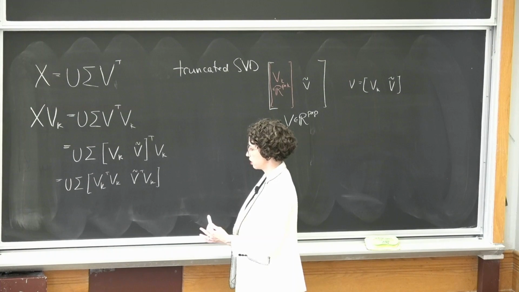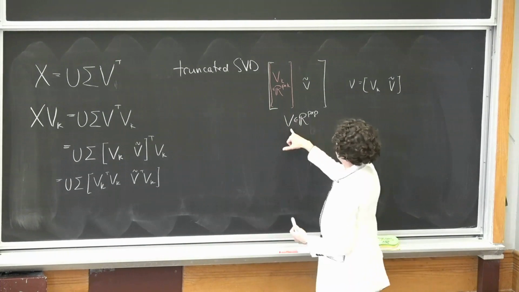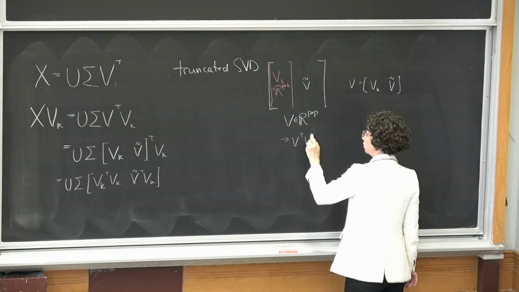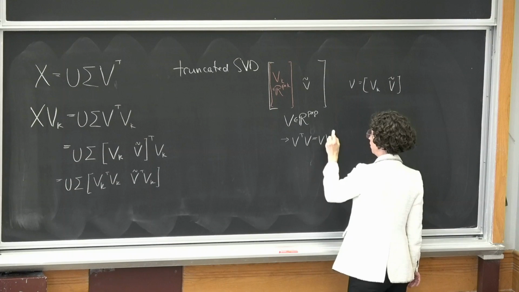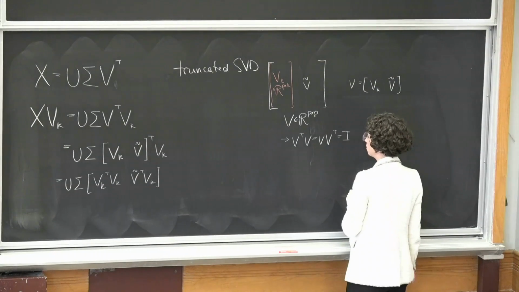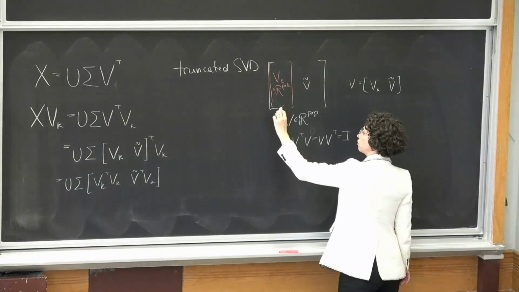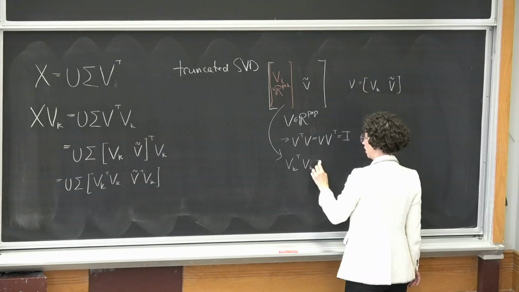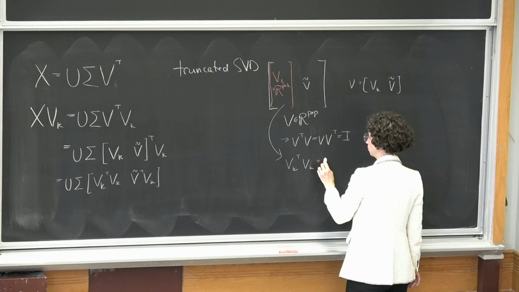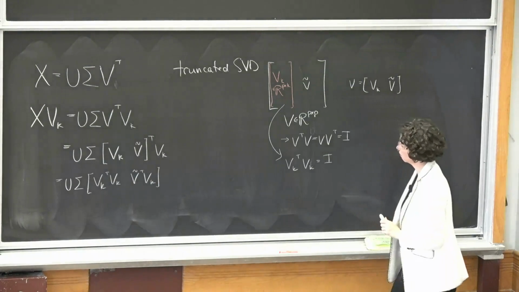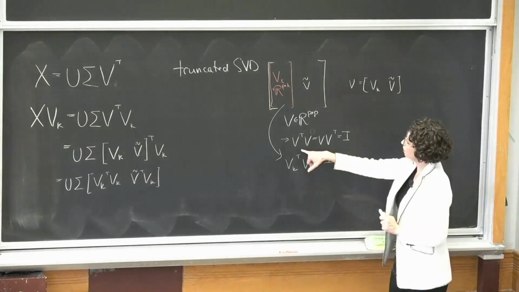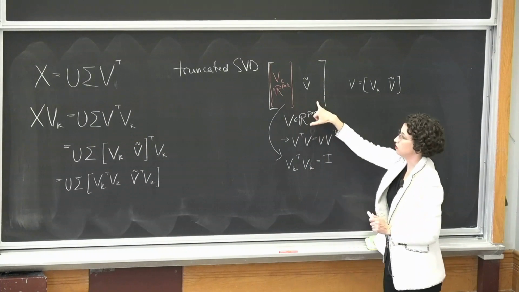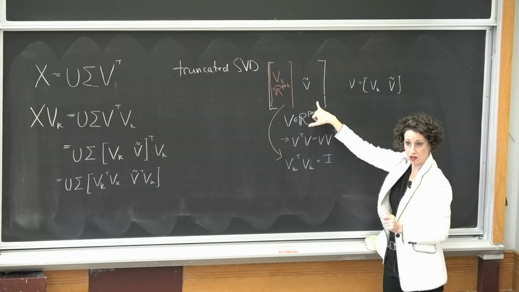By the way we constructed this, remember that V is an orthogonal matrix. So V transpose V was equal to V V transpose was equal to the identity. And when we do the truncation, we have that VK transpose VK is equal to the identity. What this orthogonality means is that all of the columns in this V matrix are perpendicular to one another.